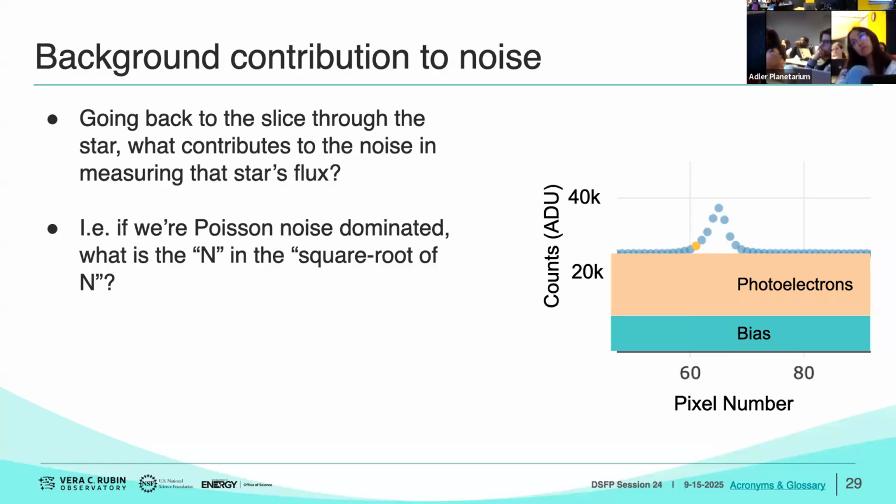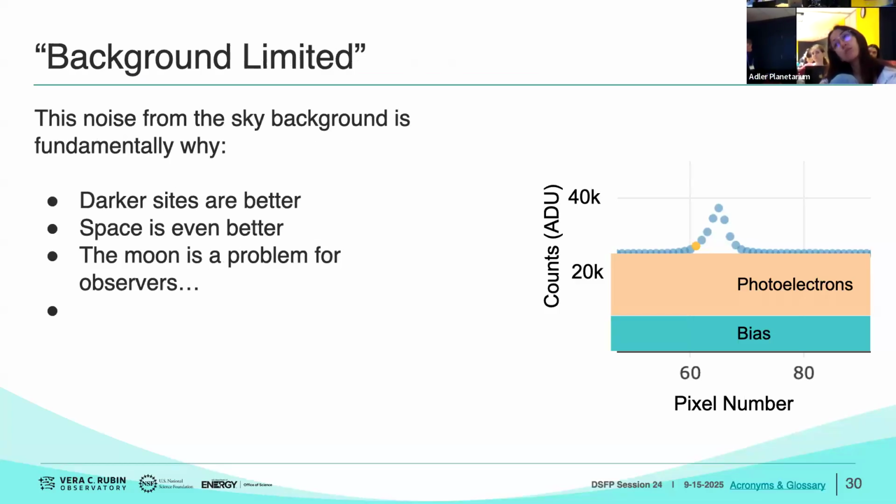Is it this? Is it this? It's the unfortunate one. It's all the light coming from the background as well that is involved in this square root of n noise. That is why we talk about our images being background limited, because for our faint sources, the noise is dominated by the background light.